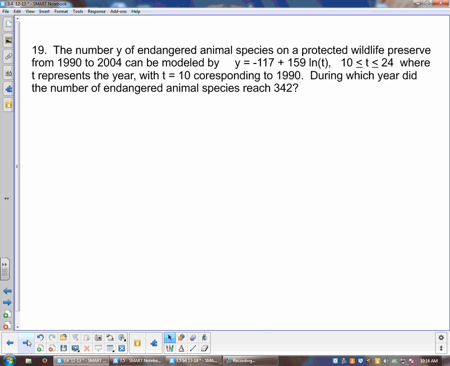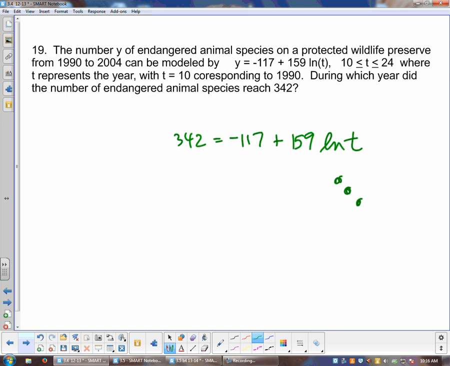During which year did the number of endangered animal species reach 342? All right, we plug in 342 for y. So 342 equals negative 117 plus 159 ln of t, and then you solve this the rest of the way. I'm just going to put a dot, dot, dot on this.